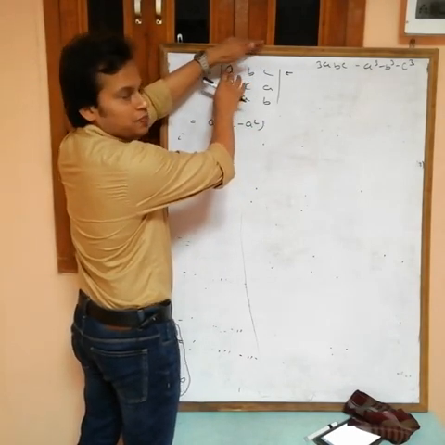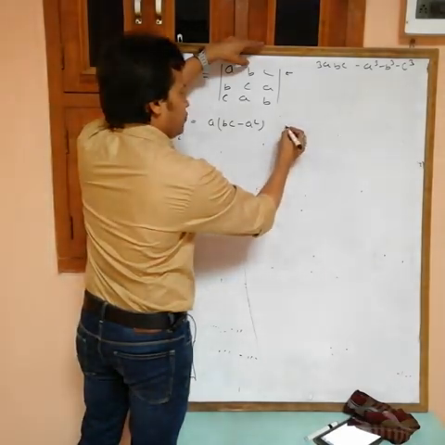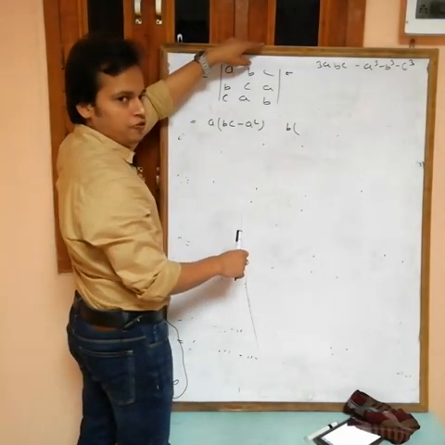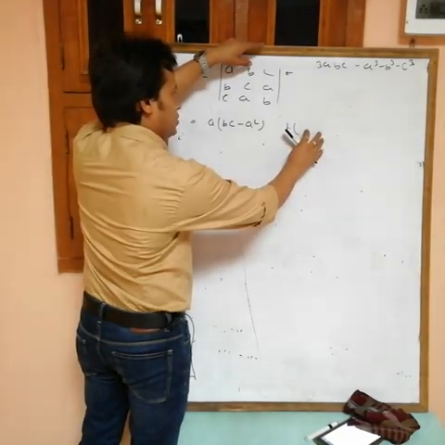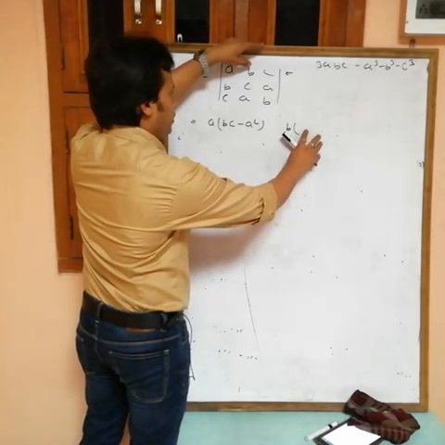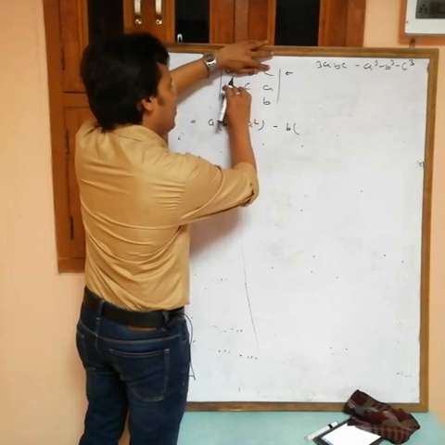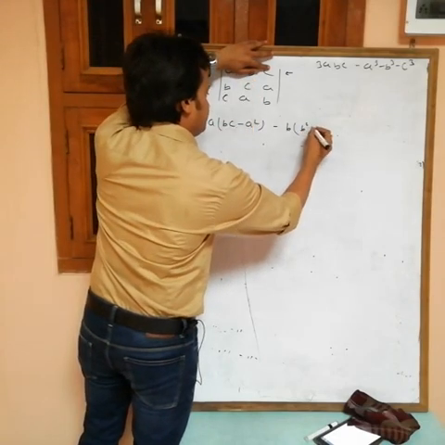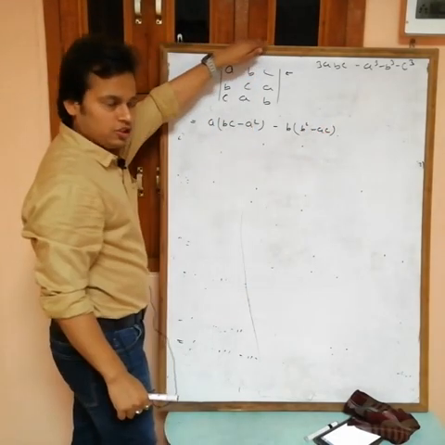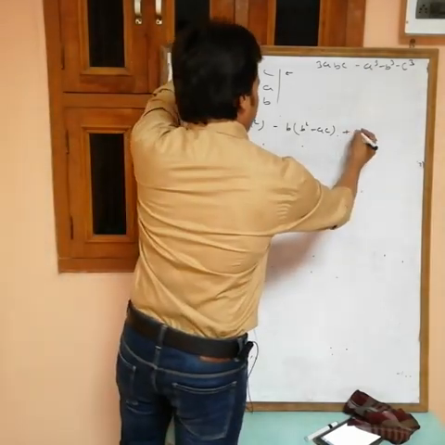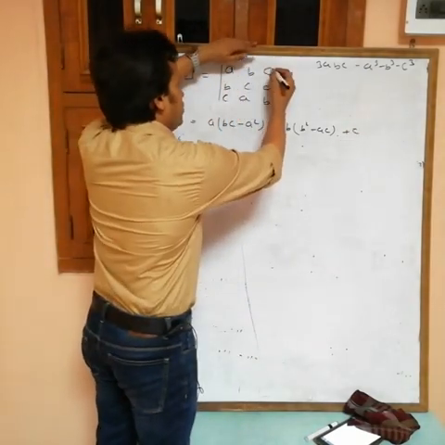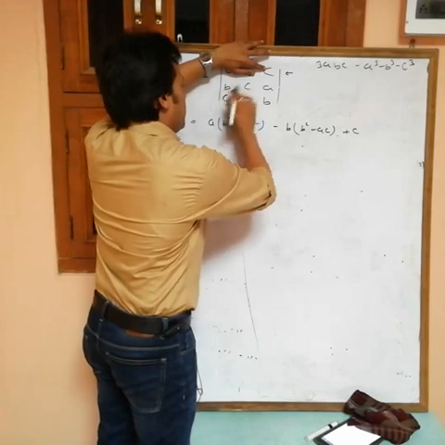A11, for this one plus sign. Now b multiplied by its cofactor. I am multiplying by the minor, then decide the sign so that this becomes the cofactor, sign is minus. Now hide the corresponding row and column, b square minus ac. Now for c, again sign is plus, hide the corresponding row and column, then ab minus c square.